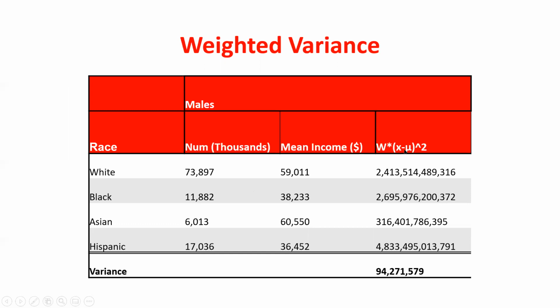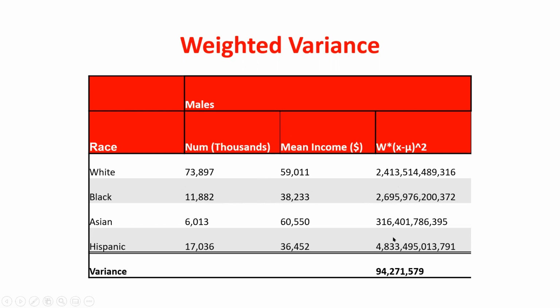We found the weighted mean was around 53,000. I don't remember the exact number. So 59,000 minus 53,000 squared, and then multiply it by the weight for that group, which was 73,000. Write that number down. Go to the next group, 38,000 minus that mean of 53,000 squared, multiplied by about 11,800, which was the weight for that group.